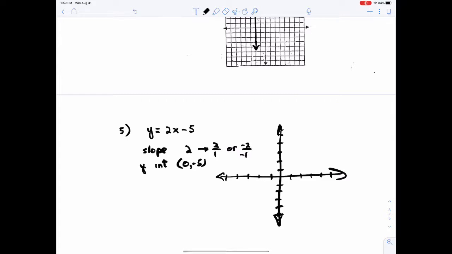I usually just pick whichever one you think is easier, so I'm going to go up 2 and over 1, and then draw the line. Okay?